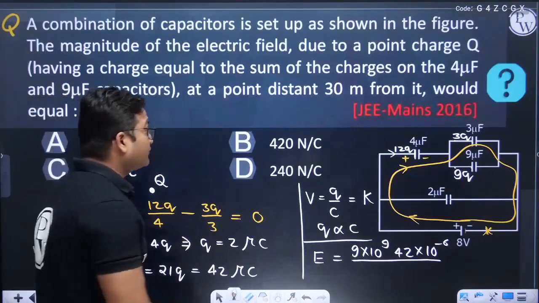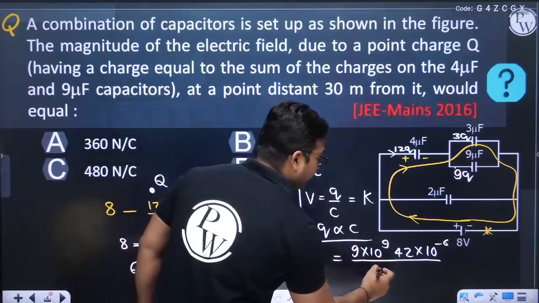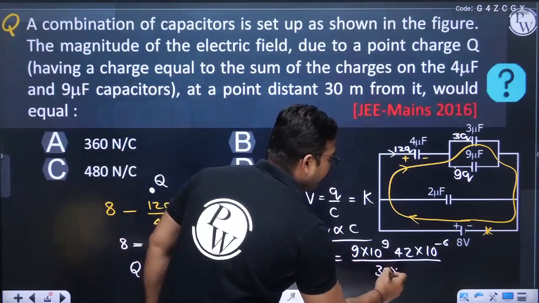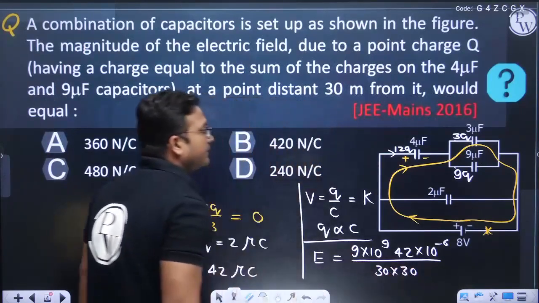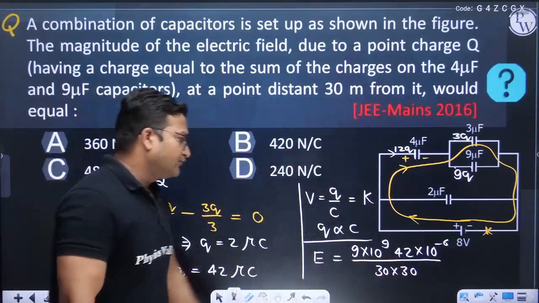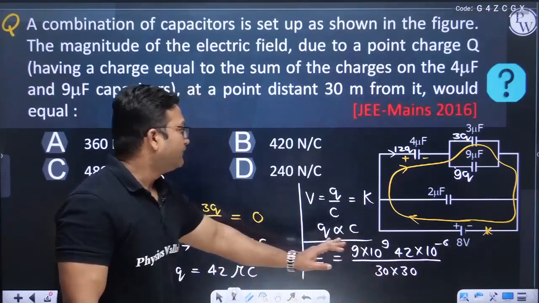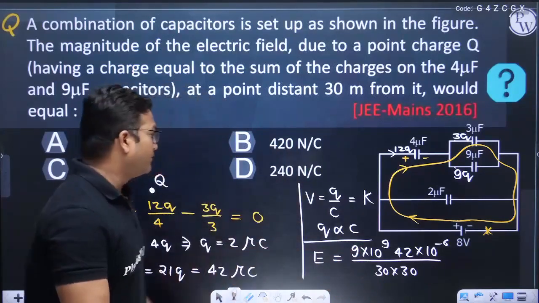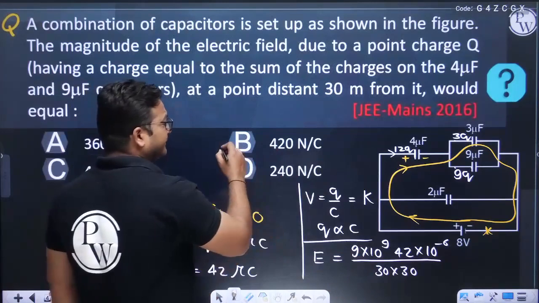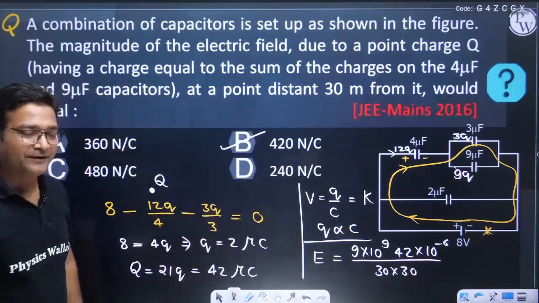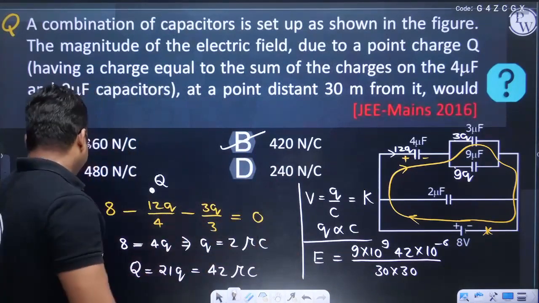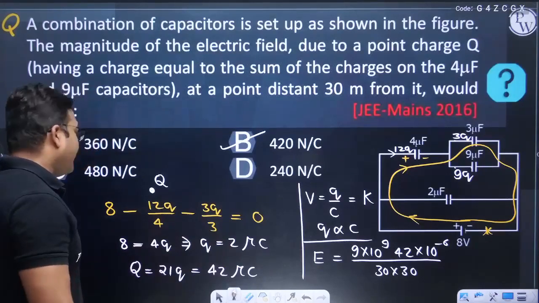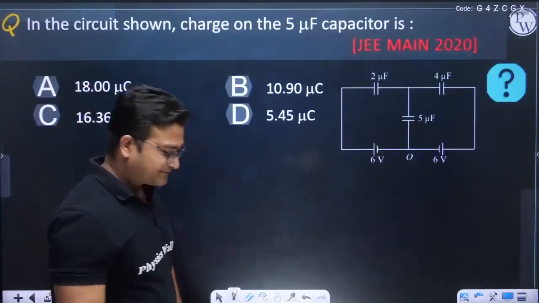And what is R square? R is 30, so we have 30 multiplied by 30. Solve this and you will get 420 newtons per coulomb. So obviously the correct answer is B. Okay, I think you got this idea, and let's move to the next question.